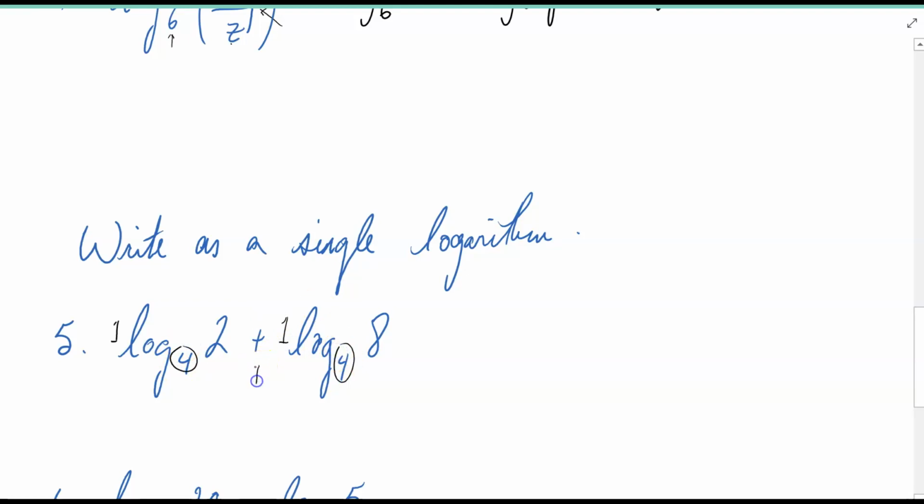Because this says sum, when we're putting it back into a single logarithm, it will be equal to log base 4 of 2 times 8, which is log base 4 of 16. We multiply the two arguments.